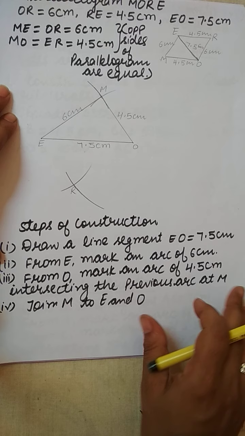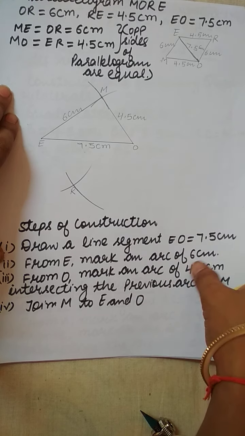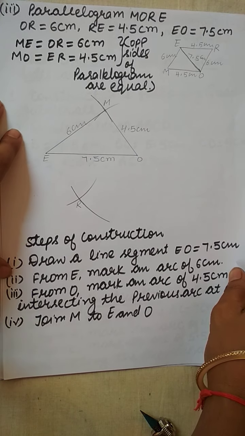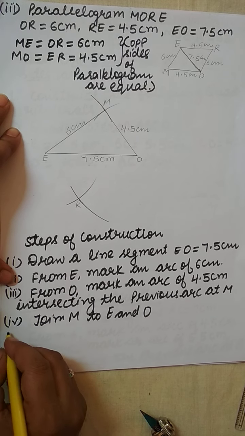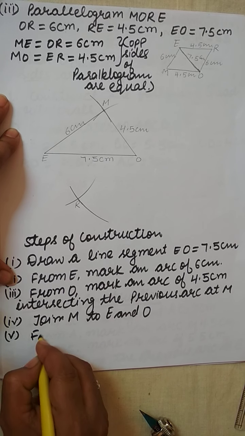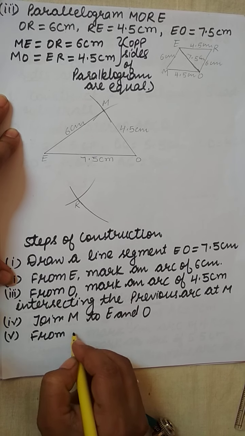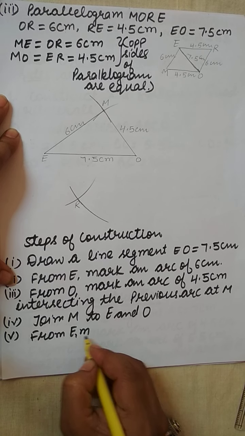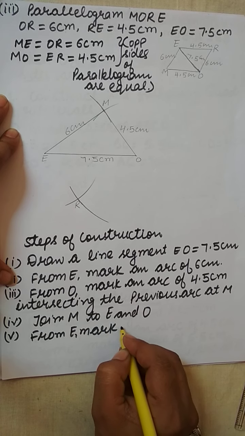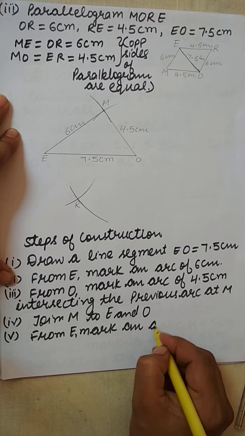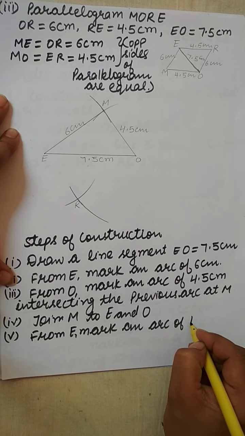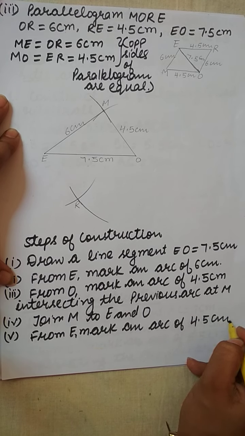Write down the steps of construction. Fifth step of construction is from E mark an arc of 4.5 centimeter.